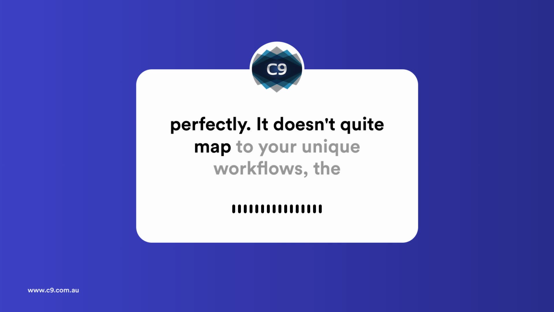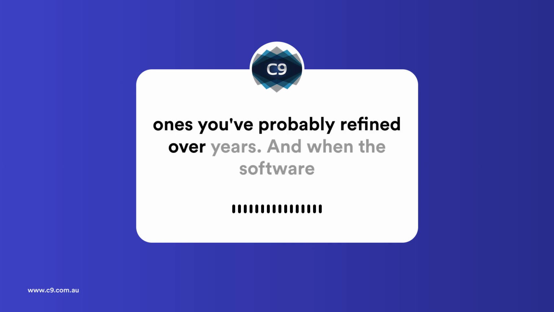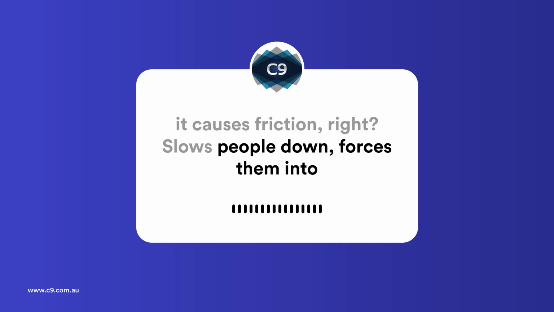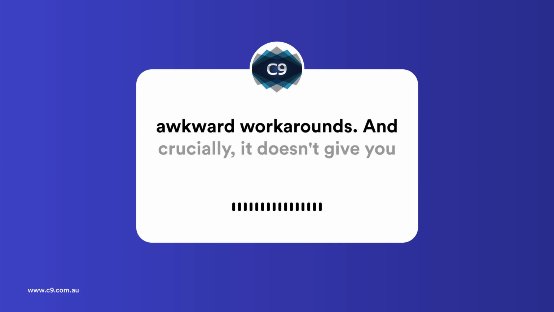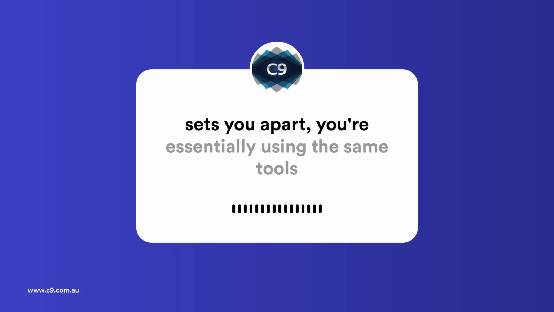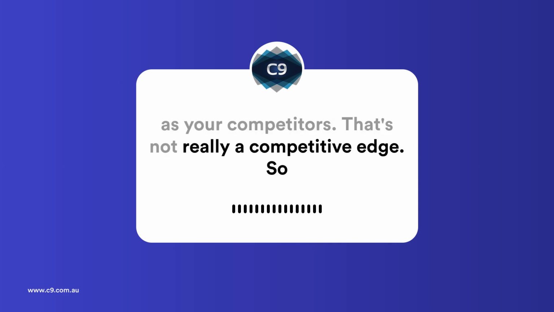It doesn't quite map to your unique workflows, the ones you've probably refined over years. And when the software doesn't align with how your team actually gets things done, it causes friction, right? Slows people down, forces them into awkward workarounds. And crucially, it doesn't give you anything you need. No special efficiency, no capability that sets you apart. You're essentially using the same tools as your competitors. That's not really a competitive edge.